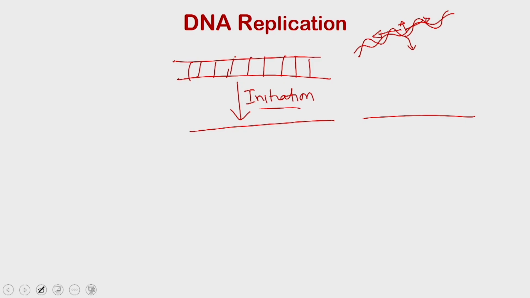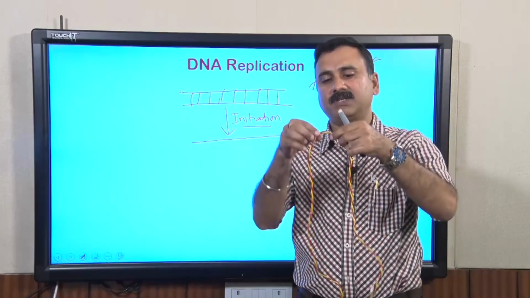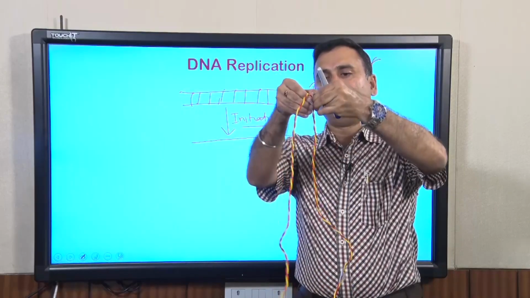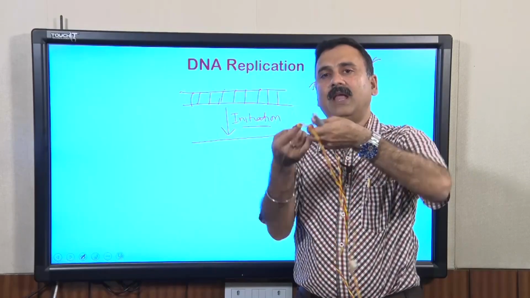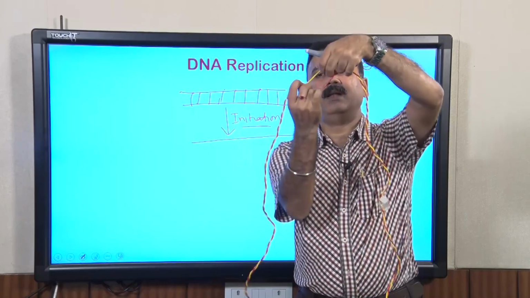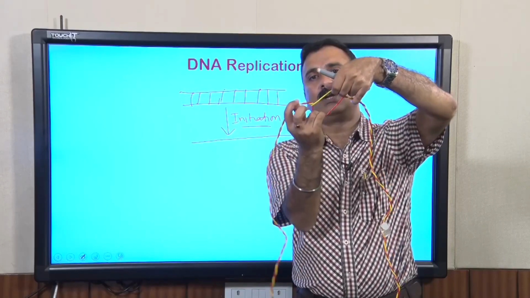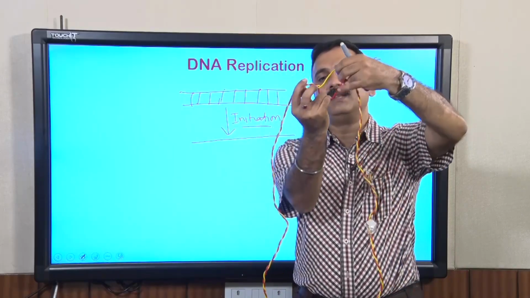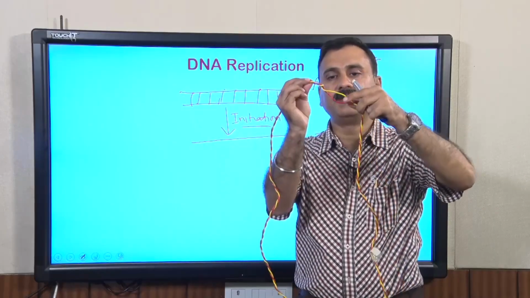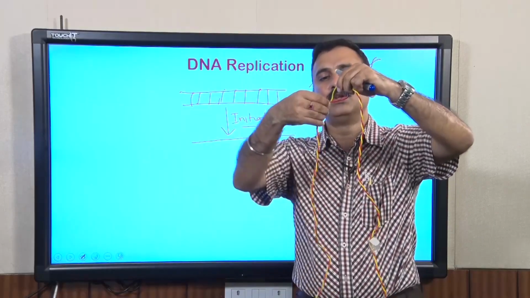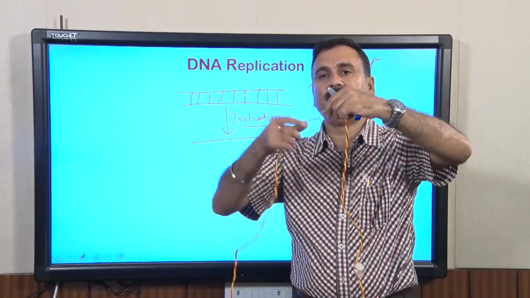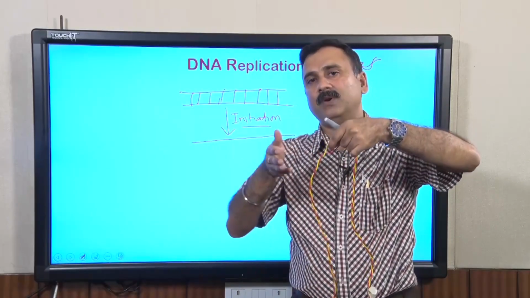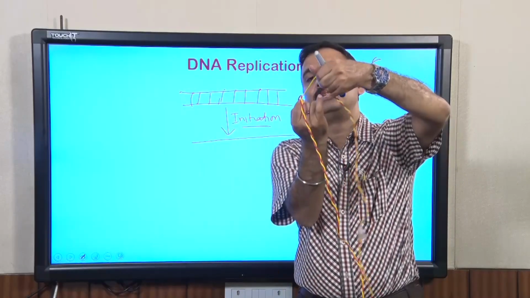If you try to open this electric wire, it causes tension onto these two corners, and the tension has to be released so that it will allow the machinery to move on.